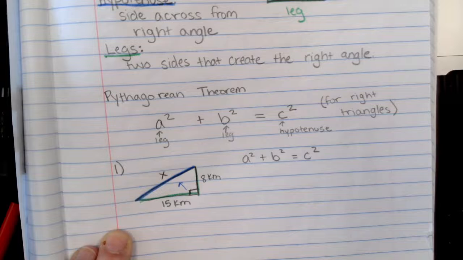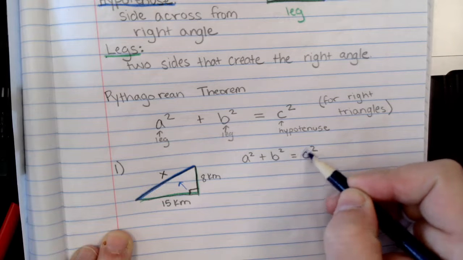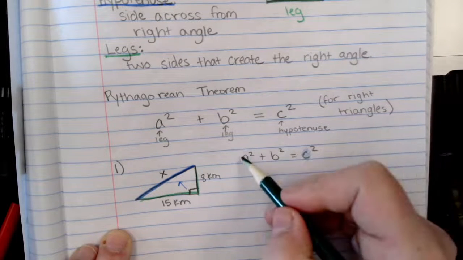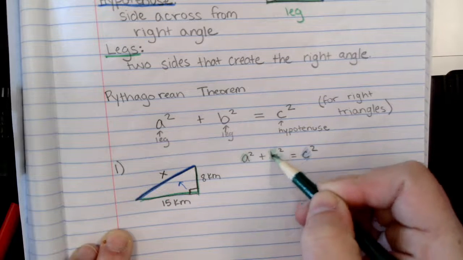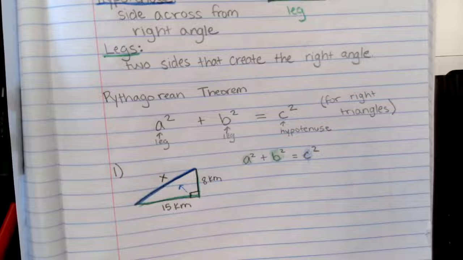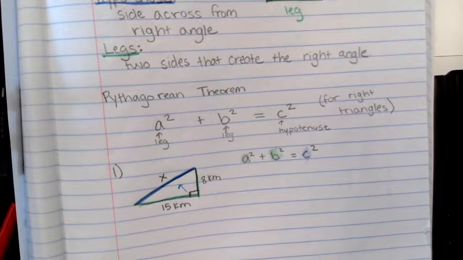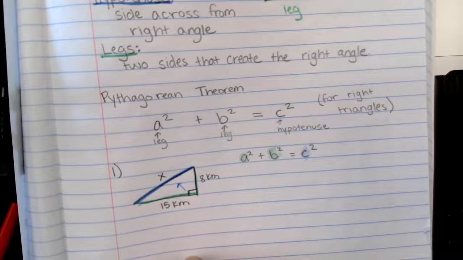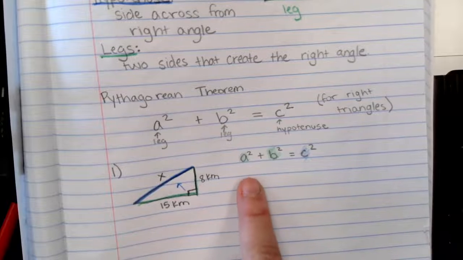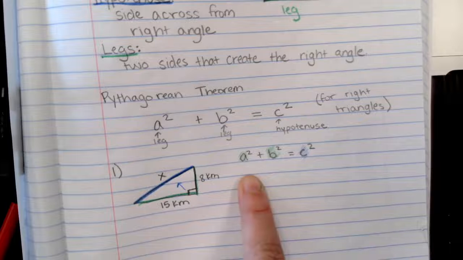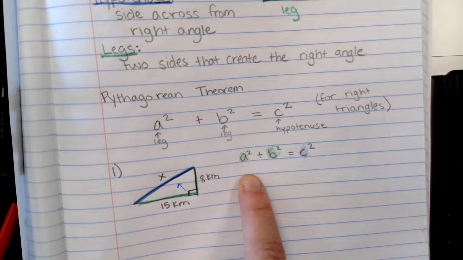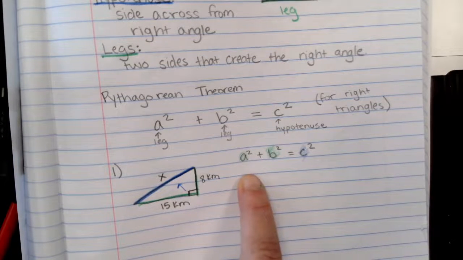Alright, so what number are we going to use for A? What is one of my legs? 8. So 8 squared plus, what is my B? 15 squared equals, what will be my C? The x.